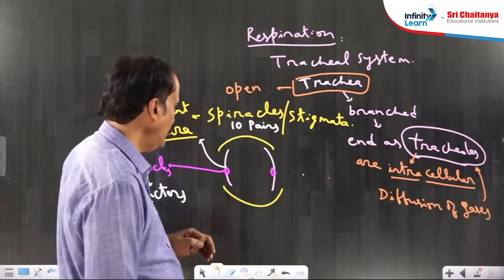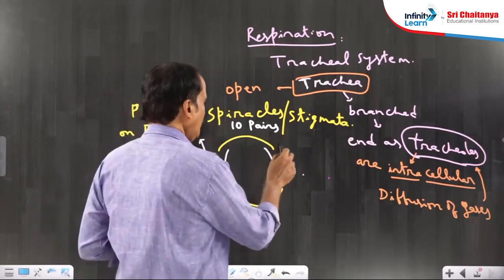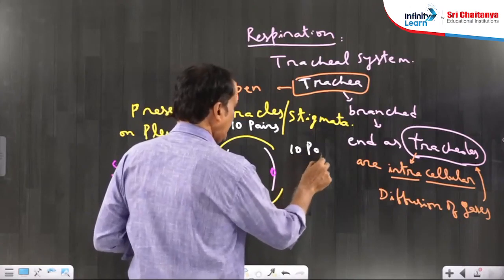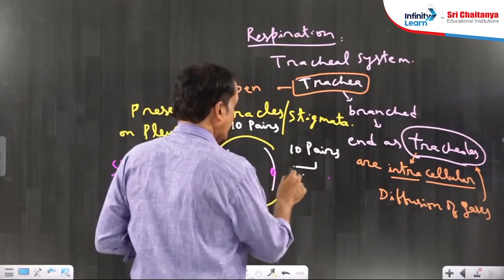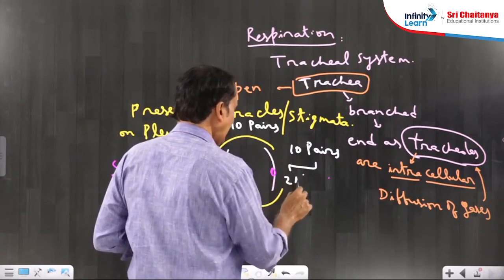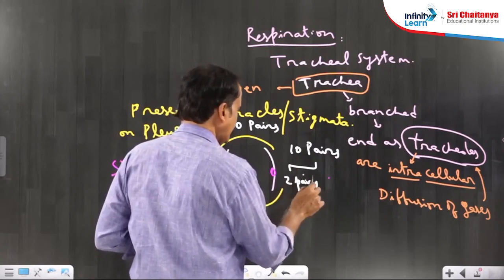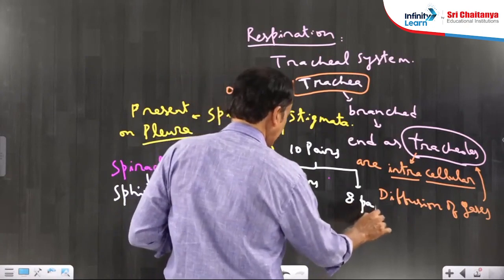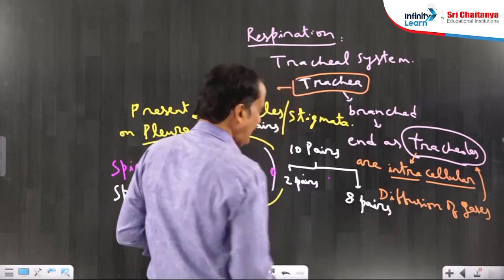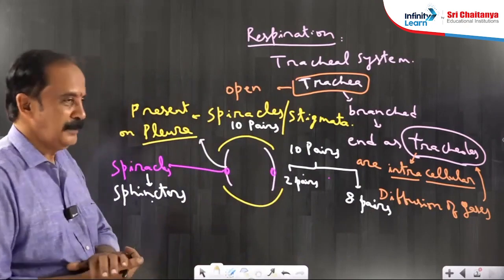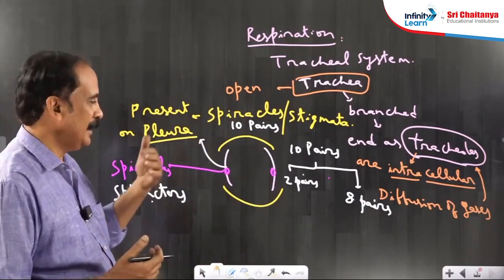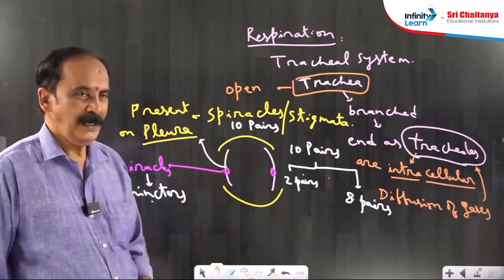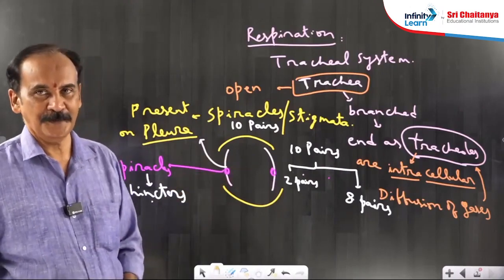Slightly more detail: these 10 pairs are distributed, 2 pairs in the thorax and 8 pairs in the abdomen. In the early class where we discussed morphology, I told you spiracles are absent in the prothorax.